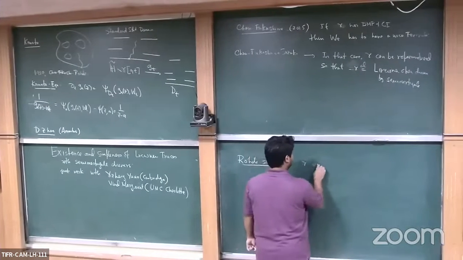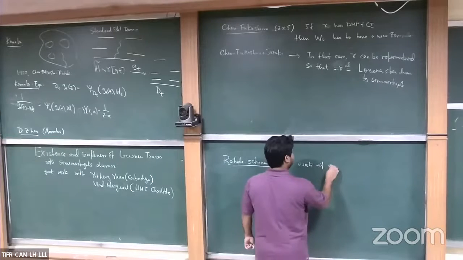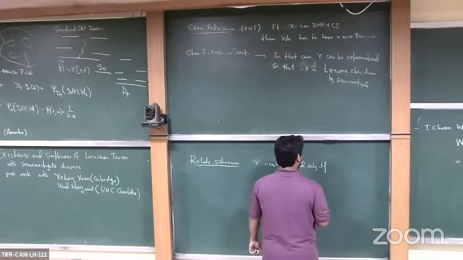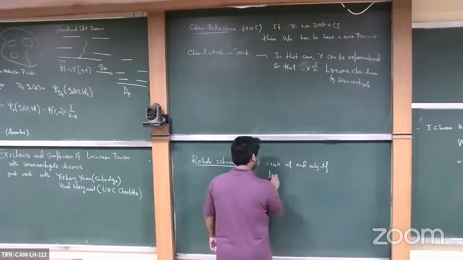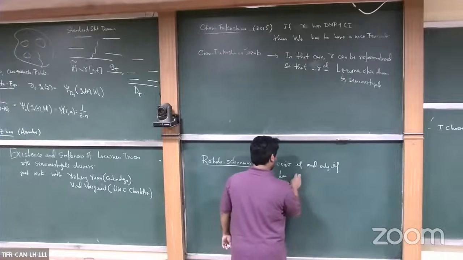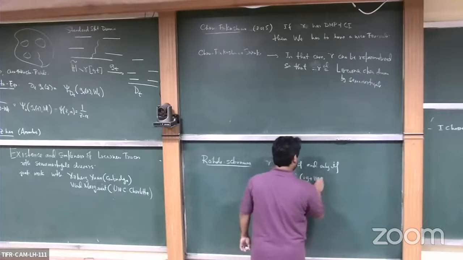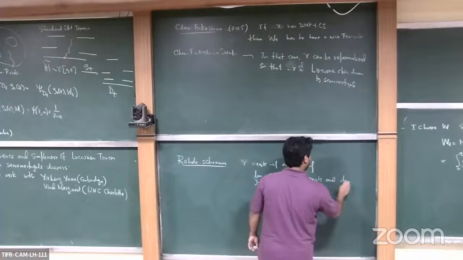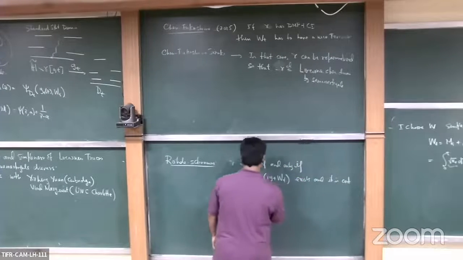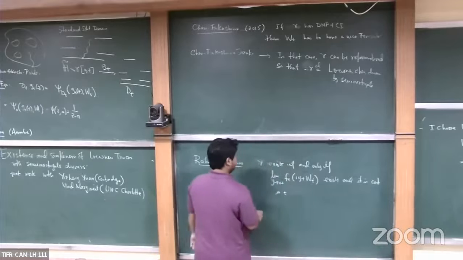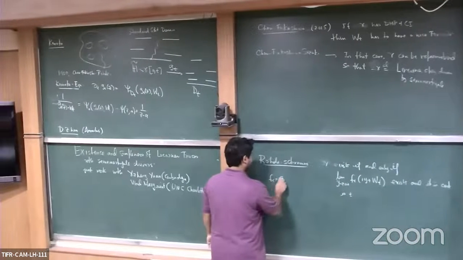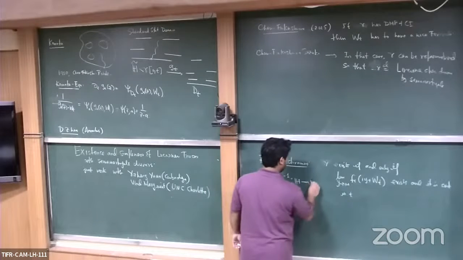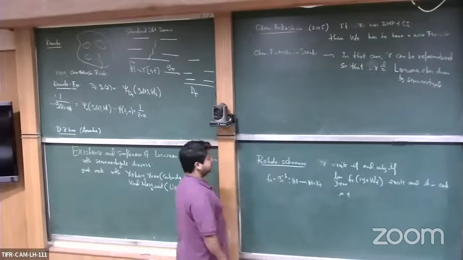So gamma exists if and only if this condition holds. I'm going to explain what these terms are. And continuous in t. Here F_t is the inverse map of g_t, which takes the upper half plane back to the complement domain of K_t.